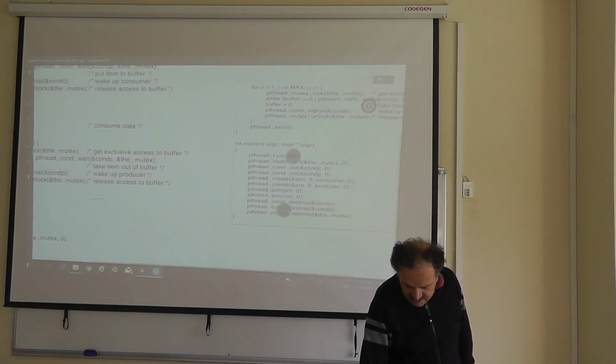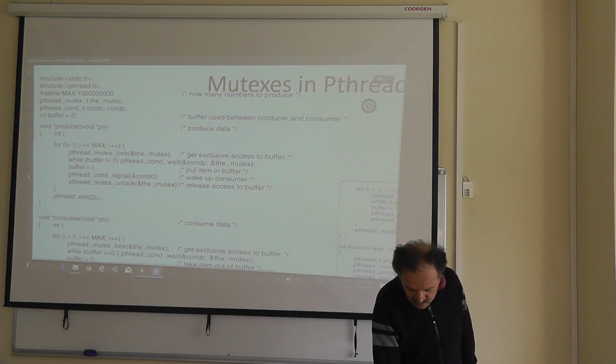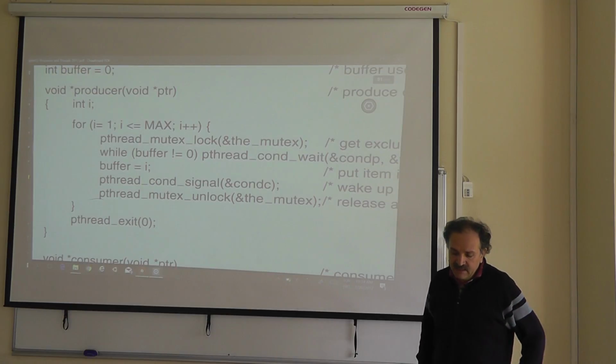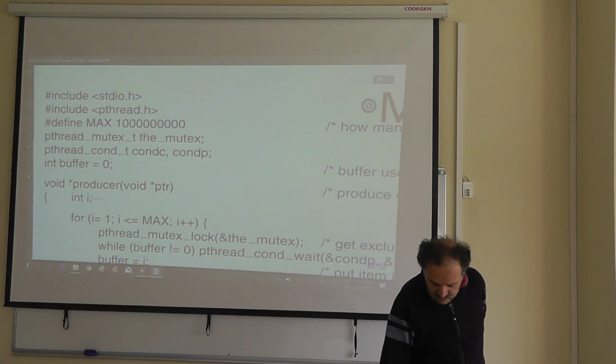Let's look at these two functions. This is the producer thread. It runs a loop from 1 to maximum. Remember, maximum is a very large number.